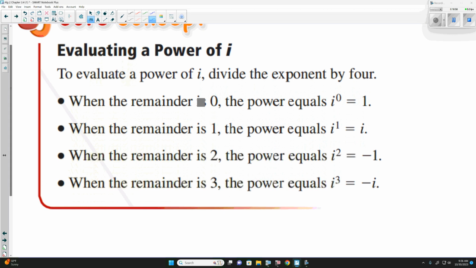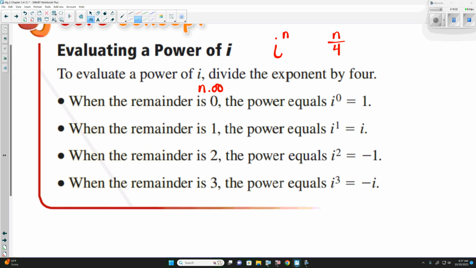Now to do this, for any I to the n, you take the value of n and divide it by 4. When the remainder is 0, or we get a number 0.00, or we get the number without a decimal, because when something divides by a number evenly, it's 0.00. In a calculator, we don't have a decimal number because it doesn't show it.